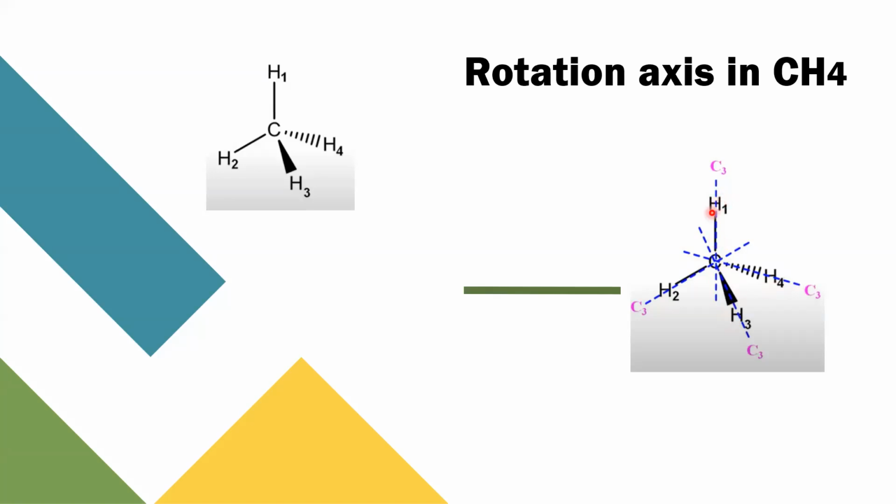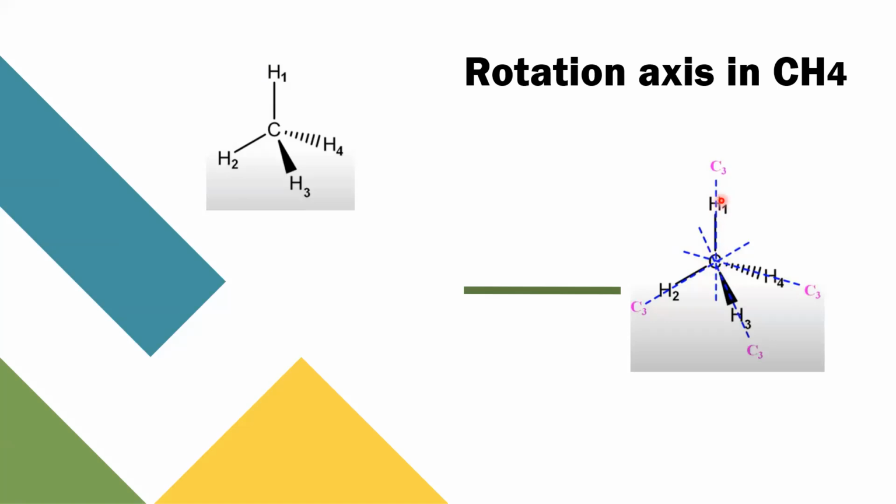So here, if you take this as one rotation axis, you can see 3 hydrogen atoms. You can move it 120 and you get a C3 axis along this CH bond, right? Similarly, for all these, you can have a C3 axis along the carbon-hydrogen bonds in methane.